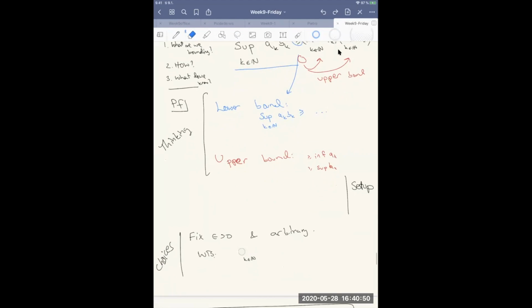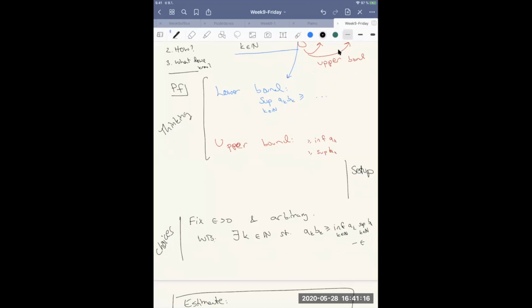But to do that, we have to say that there exists a k in natural numbers such that a_k b_k will be bigger than or equal to the infimum over k in natural numbers times the supremum over b in natural numbers, minus epsilon. We want to show this. We want to find an index like that.